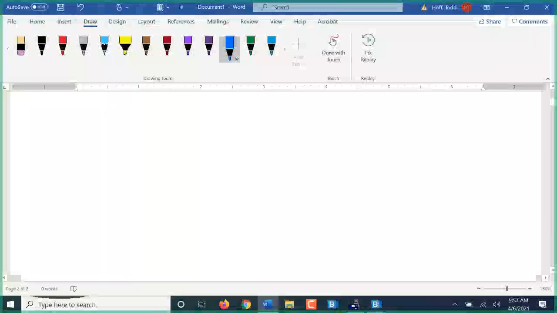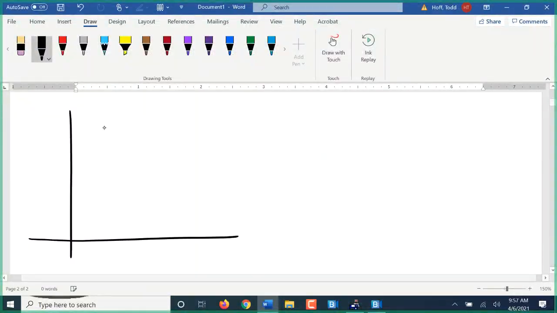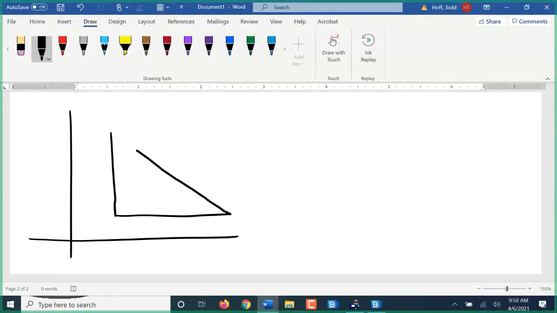Now, to prove to you that this method works, let's look at a right triangle. So I'm going to say that this vertex of this right triangle is at 5, 2. This vertex here is at 17, 2.